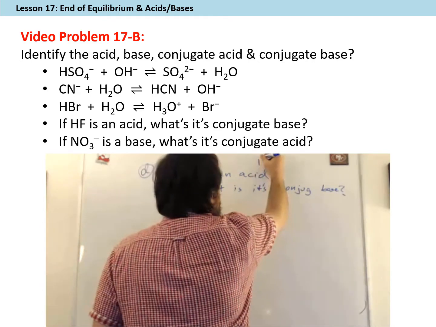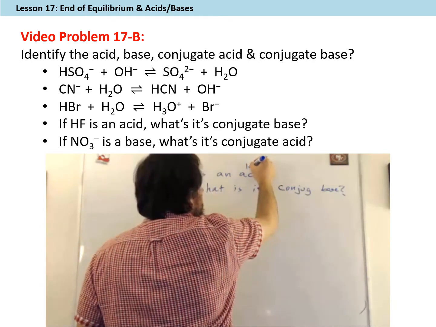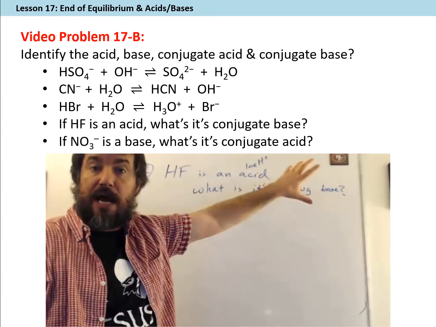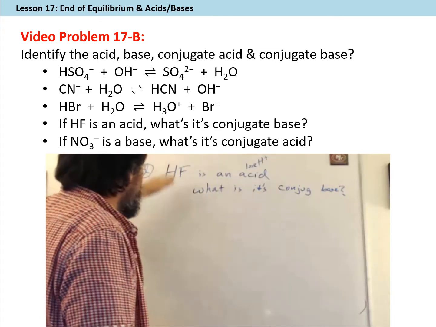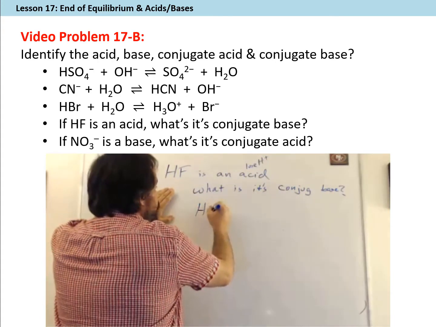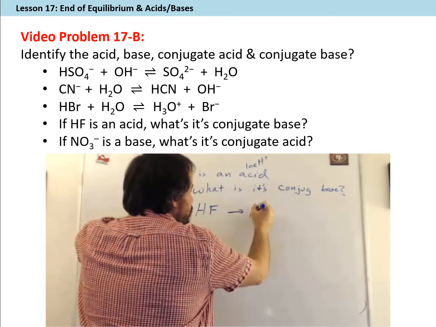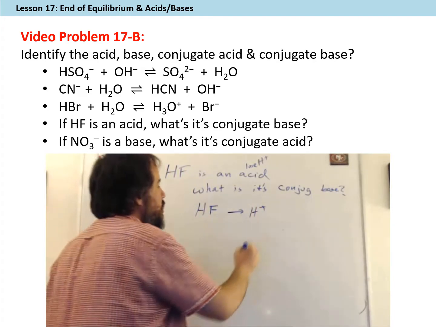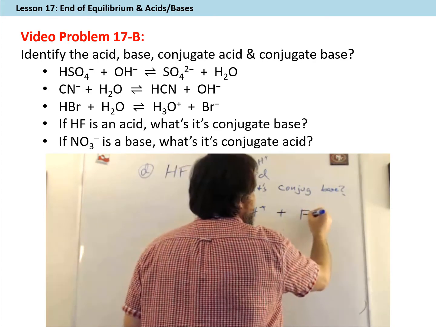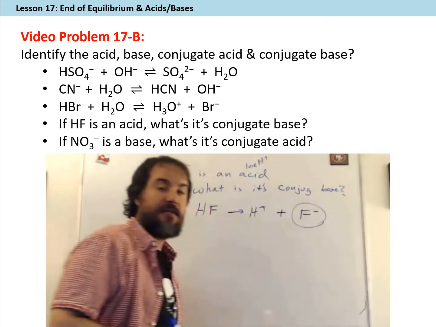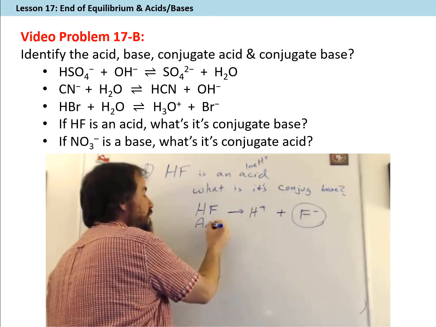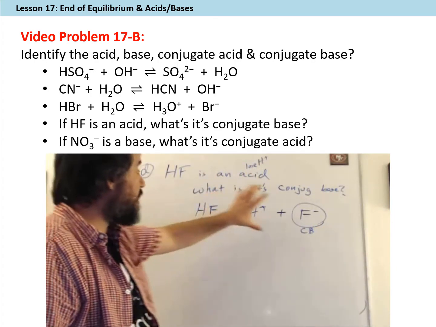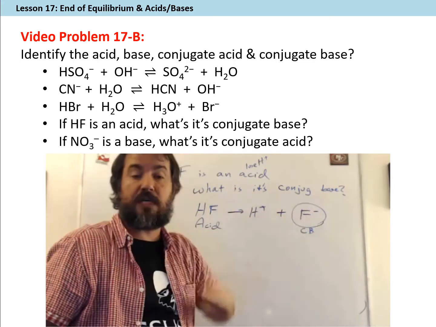Acids donate or lose an H+. Acids always do that, right? So HF is going to lose an H+. So if HF loses an H+, it's going to become F-. This is my acid. This is my conjugate base. Okay? A conjugate base will always be what's left after losing an H+.